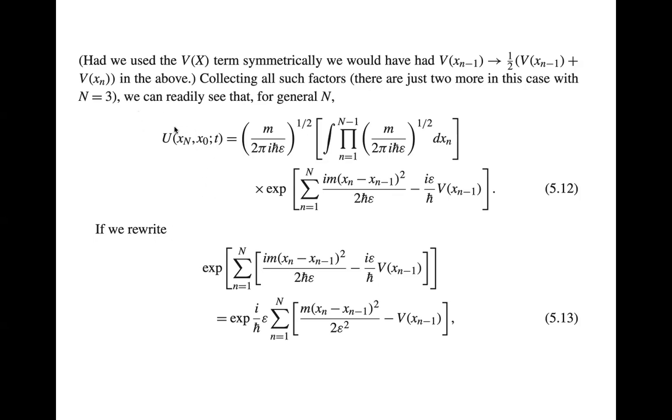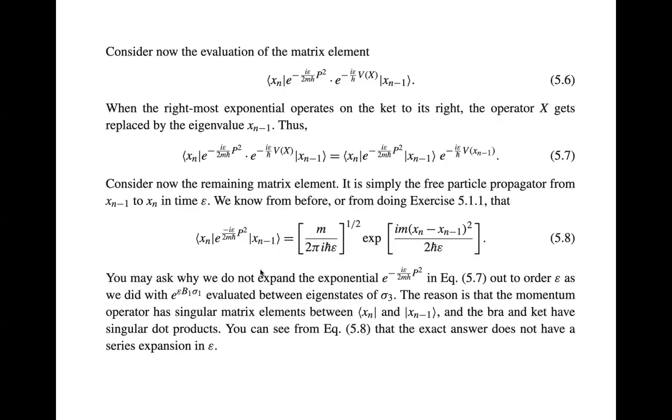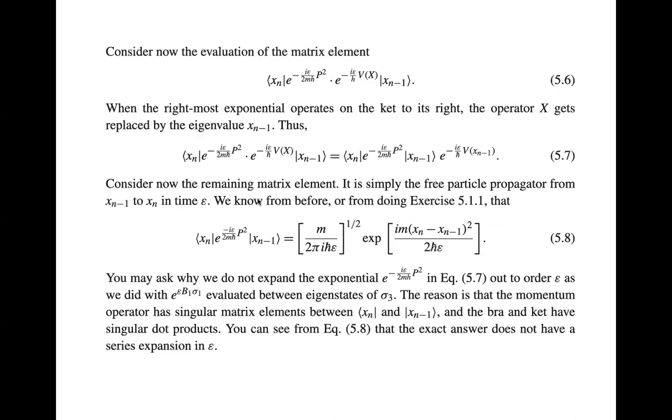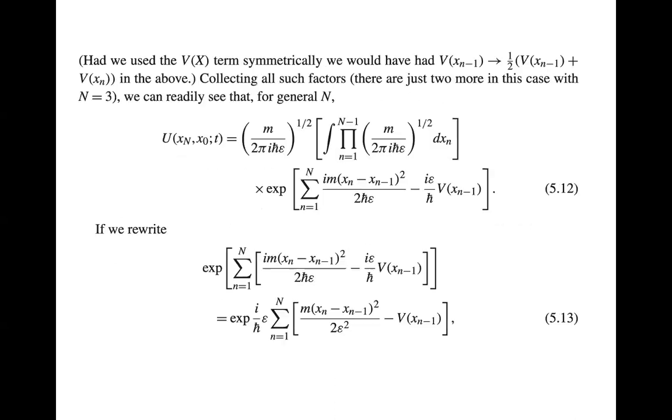This is the operator, but we are expressing its matrix element from position x0 to xn during the time period t. If we gather this result, because there are n pieces of it and we have the piece computed to be this form, the whole thing is this, right?